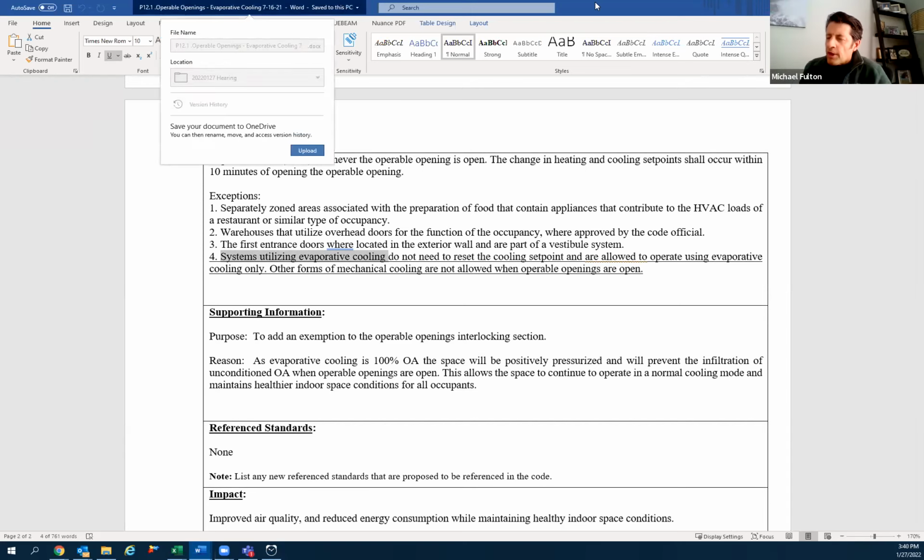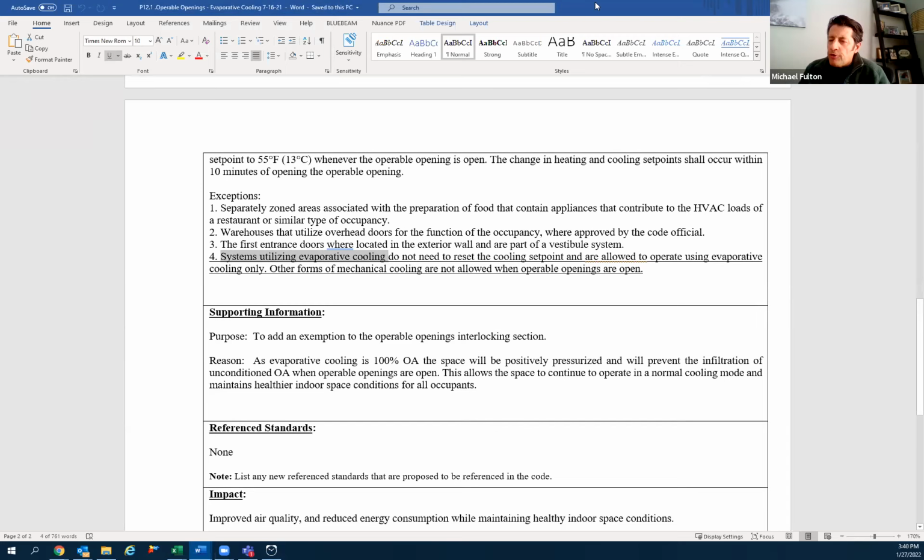So that I follow, you're talking about targeting the occupancy or the space itself for this exemption instead of the whole system? Correct. I'm fine with that.